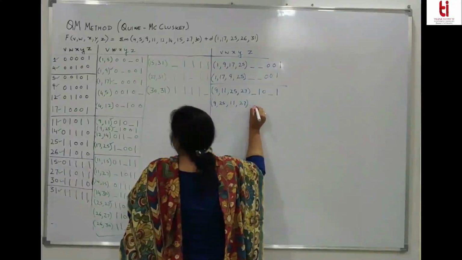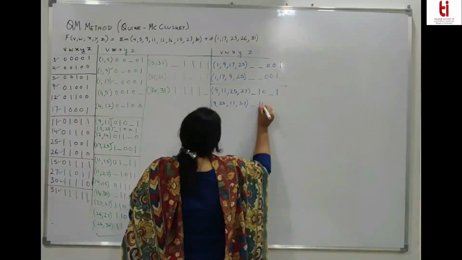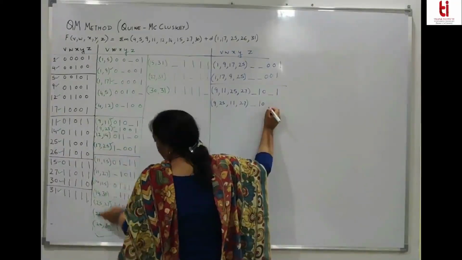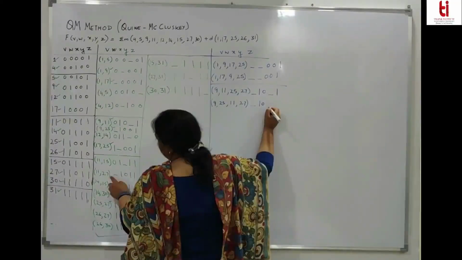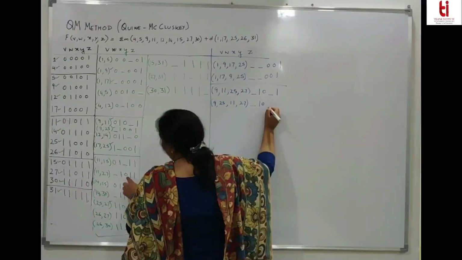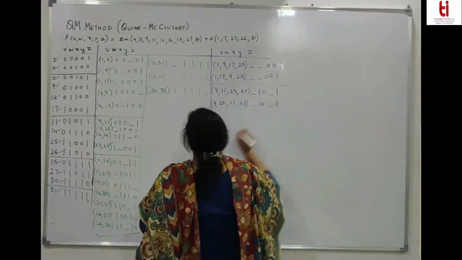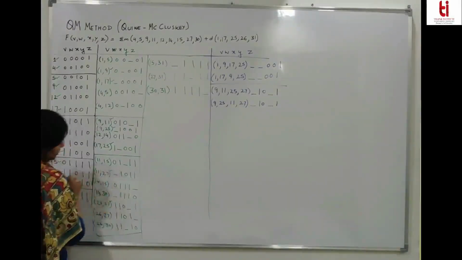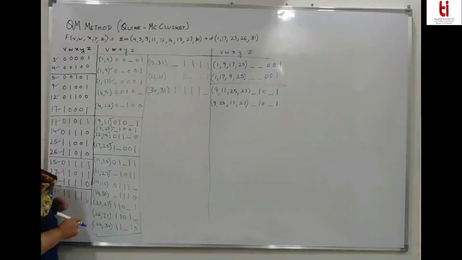There is a dash here. There is 1, 0 here. Dash 1, 0, dash 1. So 9, 25, 11, 27. So ये term use हो गई है जो mark हो गई.